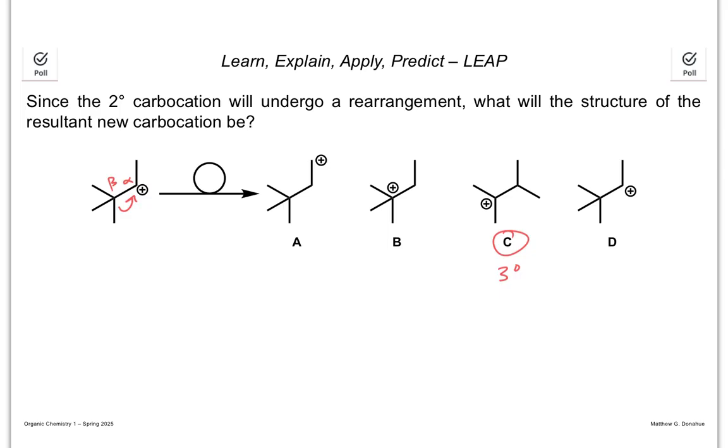B makes absolutely no sense because you already have 4 bonds to the carbon, and then you're saying there's a plus charge on it. That violates the Lewis dot rules. A is when a hydrogen from this beta prime would move over. And so that's not favorable because that's primary. So we do not want to go from secondary to primary.